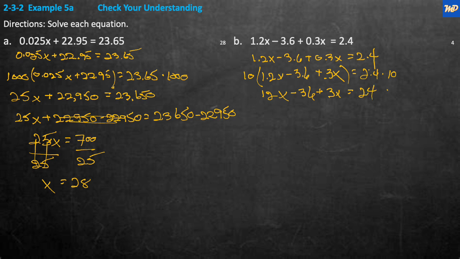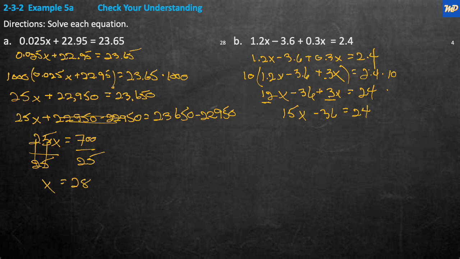Now we're going to combine like terms before we move on. We have two x terms on the left, 12 and 3, so 12x plus 3x is 15x. And we have minus 36 equals 24.